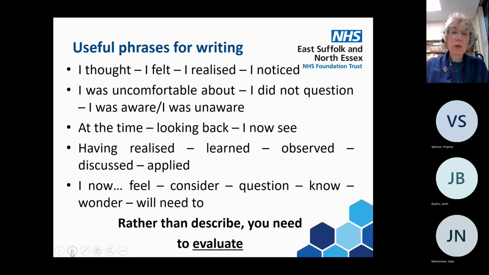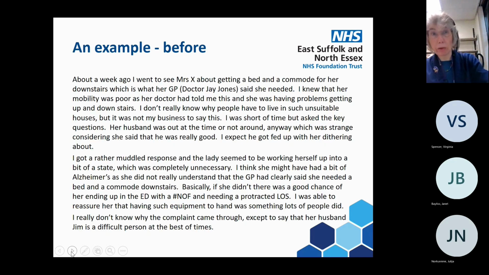And then moving on to those deep learning processes, having realized, having learned, having observed, having discussed, having applied, and that would be your evaluation stage of Gibbs. And then finally, when you do your conclusions and your action plan, you've got I now feel, I now consider, I now question, I now know, hopefully I now wonder, and I will need to, and that's where you put your action plan. And I've emphasized underneath, rather than describe, you need to evaluate.